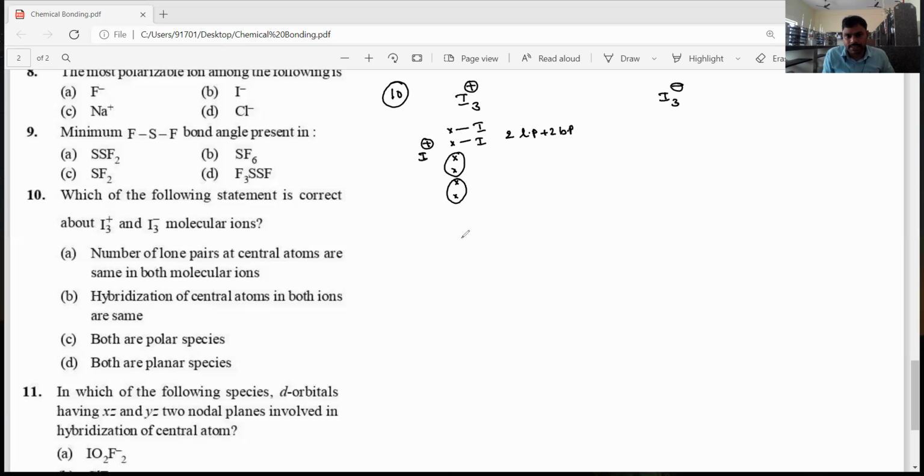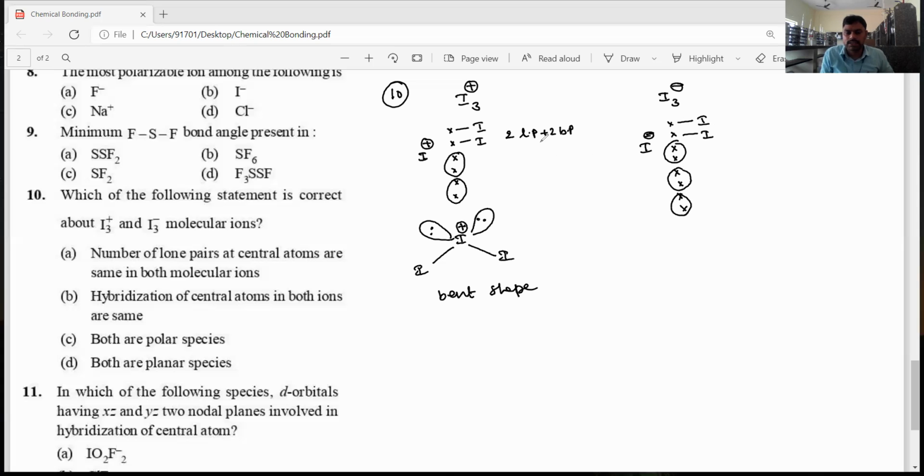The geometry will be like this. Bent shape molecule. The shape is bent or V shape. And in I3 minus, the central atom is I minus. So 7 plus 1, total 8 electrons are present. Out of that 8, 2 bonded atoms are iodine. Then the remaining 3 lone pairs are present.